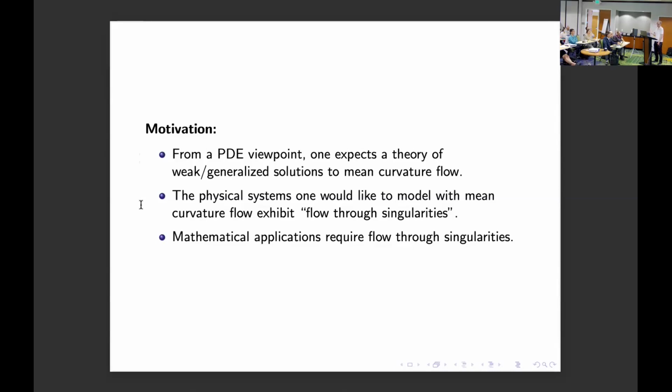Also, if you're interested in mean curvature flow as a mathematical model, well, physical systems like soap films evolving have neck pinches and they continue flowing. So certainly you want to have a mathematical treatment of that. And then also just within mathematics, most potential applications of mean curvature flow can only be given if you can flow through singularities. If you have to stop when a singularity forms, it's kind of useless. Okay.